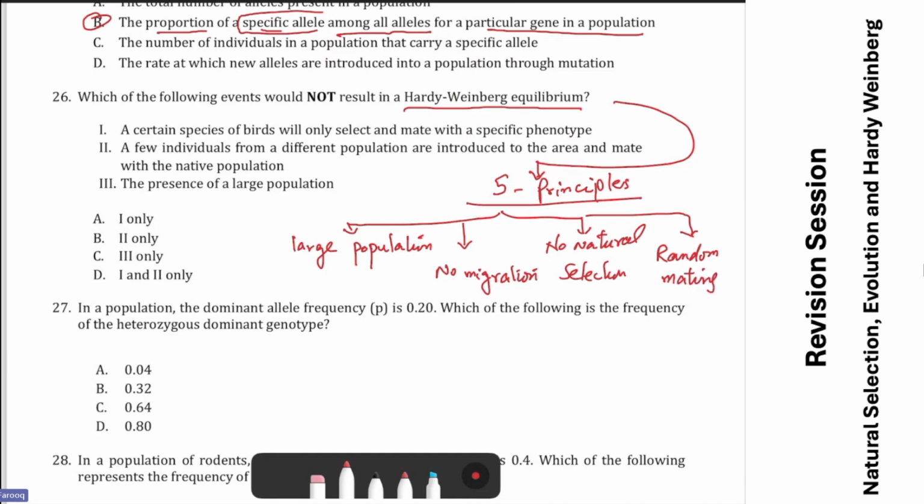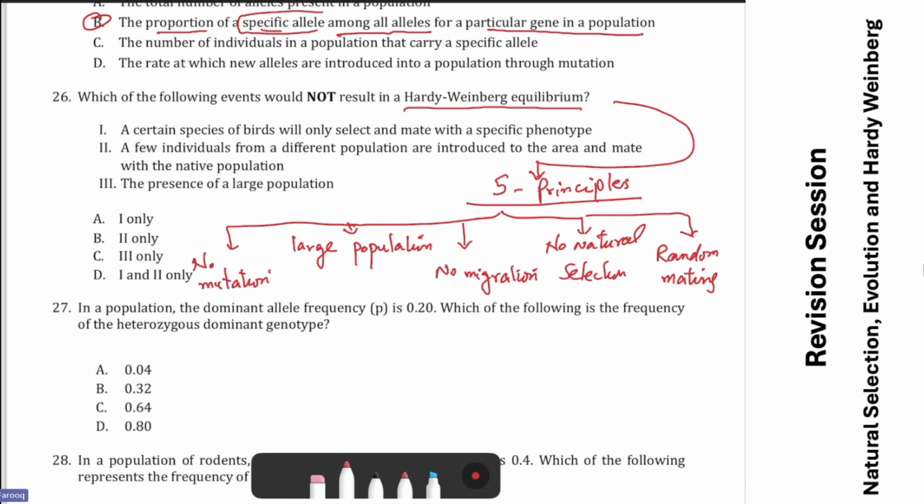And the last one, no mutation. So if you achieve these, you can go for the equilibrium. That's called the Hardy-Weinberg equilibrium.